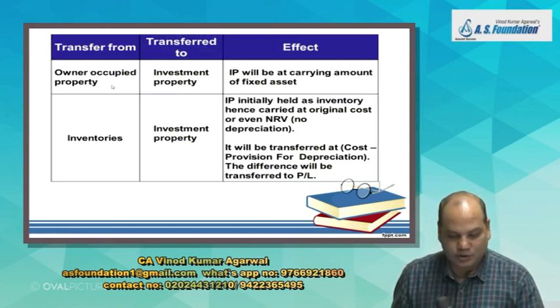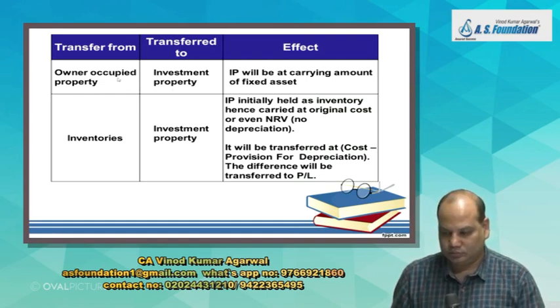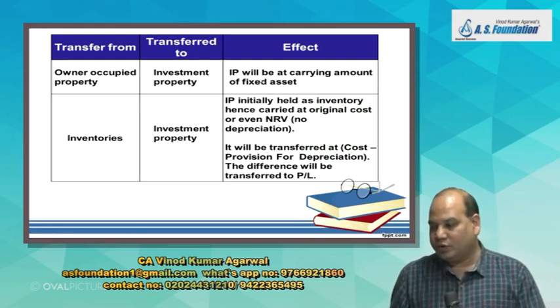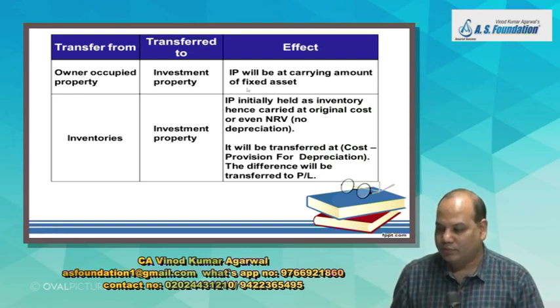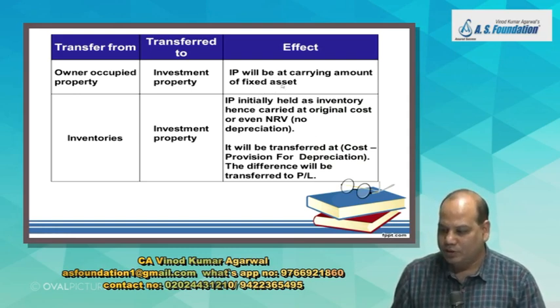What is the third possibility, right? Owner occupied property to investment property, same thing. Owner occupied property to investment property. Investment property will be at the carrying amount of fixed asset, the carrying amount of PPE.